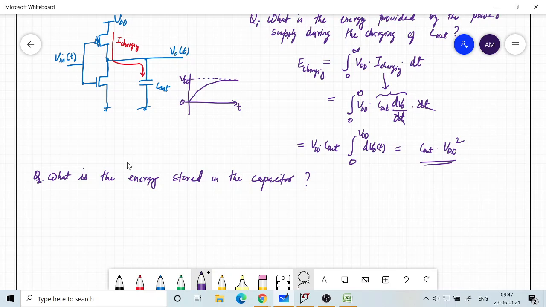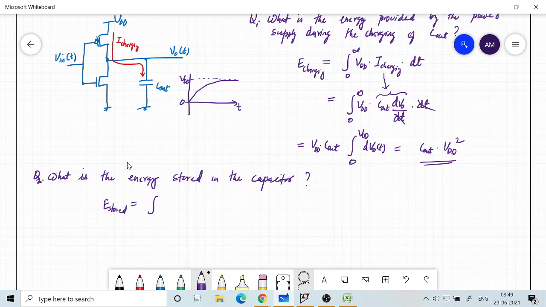Okay, probably you have learned the formula of energy stored in a capacitor in your earlier classes, but let's basically find out that. So energy stored is what?